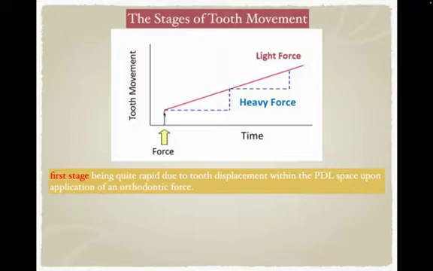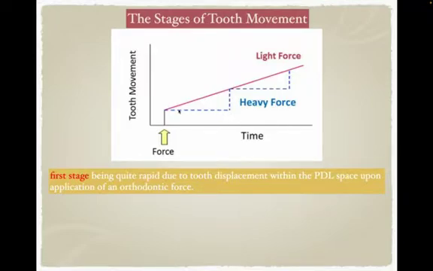Now, if the force that is applied is heavy, the blood vessels will be completely occluded, so there is no access of the monocyte to the area to differentiate into an osteoclast. We have to wait until the osteoclasts from the opposite side start the resorption, which we call undermining resorption, eating all the bone that is necrotic, and all of a sudden the tooth will make a sudden jump.